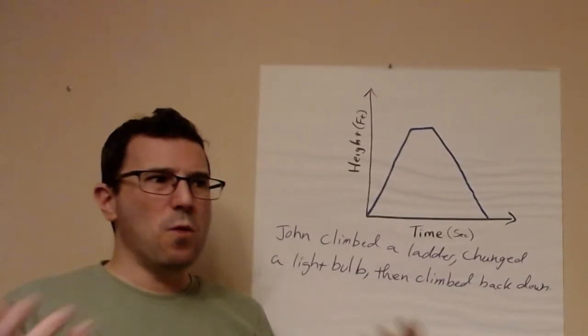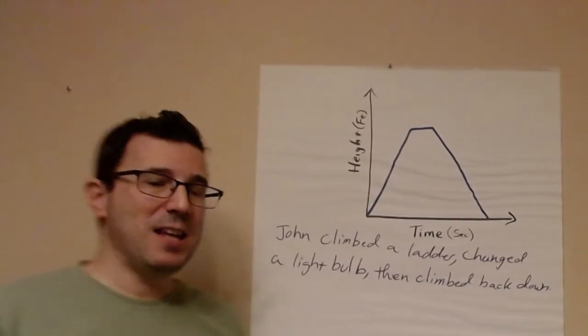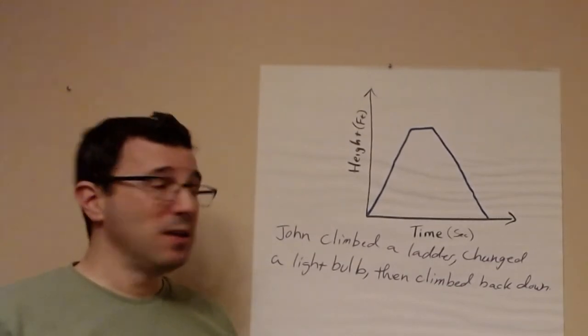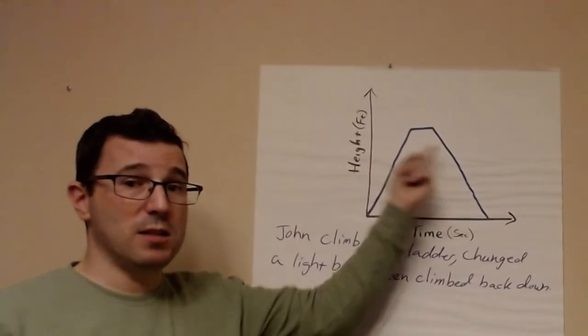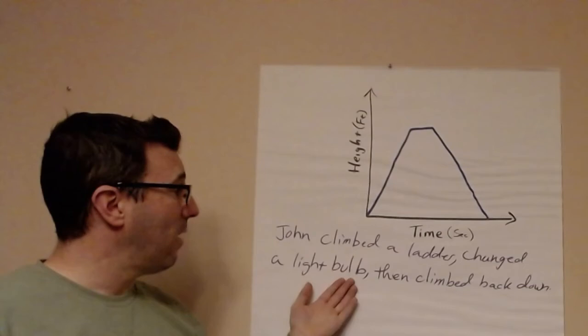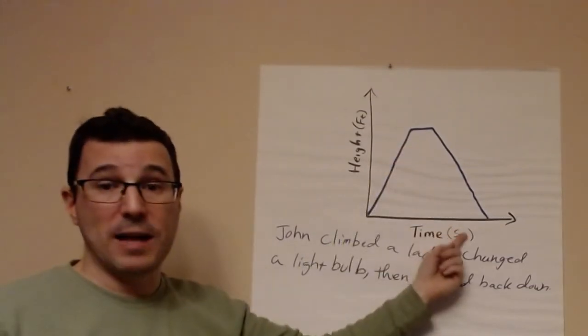What am I going to write? I have to write a situation? When it says what's happening in the graph, they're not asking you to say, well, the line went up, then it stayed flat, then it moved down. They want something like this. All right, John climbed the ladder, changed the light bulb, climbed back down the ladder.